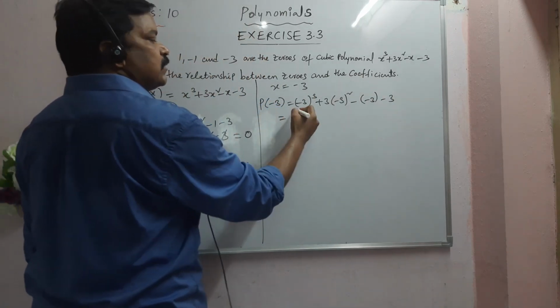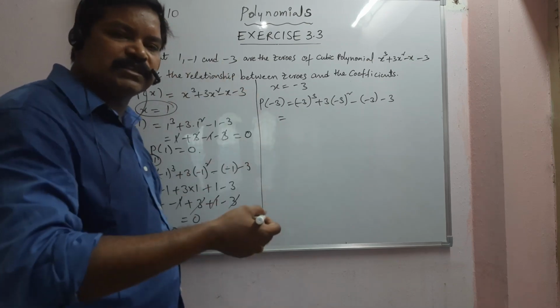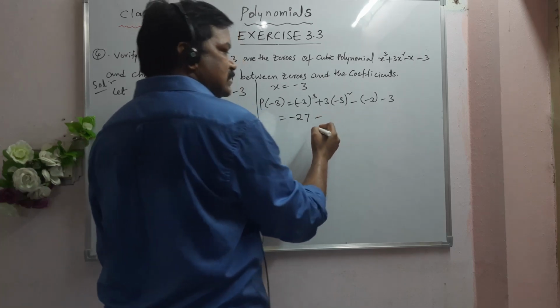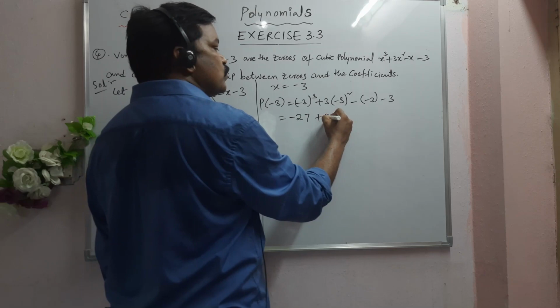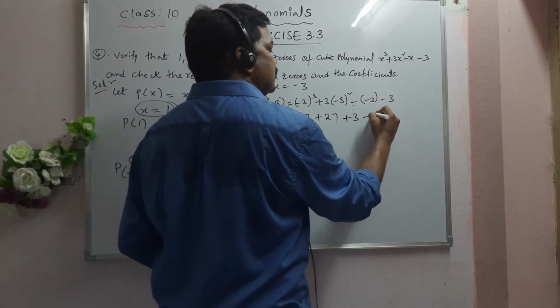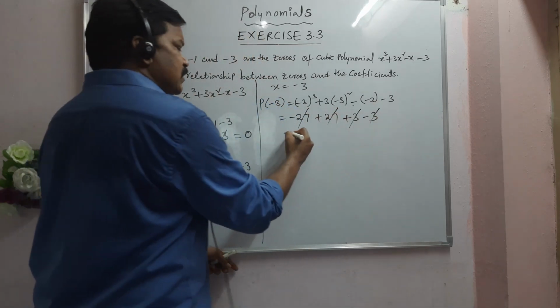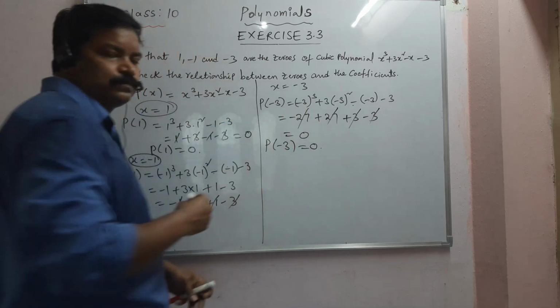So (-3) whole cube means -3 times -3 times -3, that is -27, plus 3 square is 9, 9 into 3 is 27. Next, minus into minus is plus 3. This is -3. So these two cancel. This is 0. Therefore, p of -3 is 0.